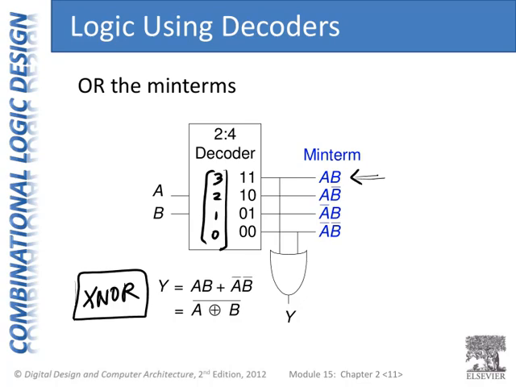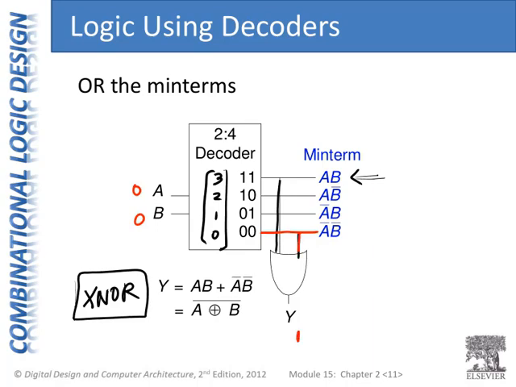So if, for example, I want to implement the XOR function, then I can just pick off those minterms, where XOR is A and B bar, or A bar and B. So when A is 0 and B is 0, Y0 is going to be a 1.